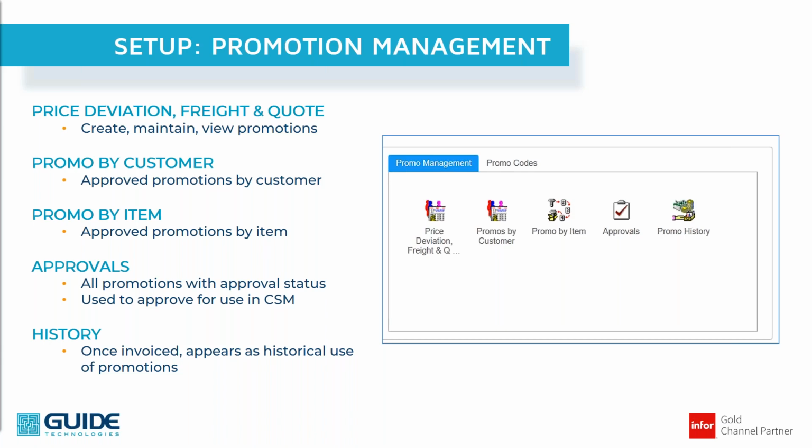The history object shows promotions that have been used on orders and all the way through the invoicing process. So this is a good historical view of items and customer combinations that have been invoiced using promotions. And this would be the really helpful one for reporting of usage on your promos.